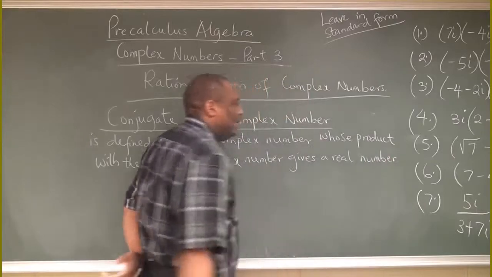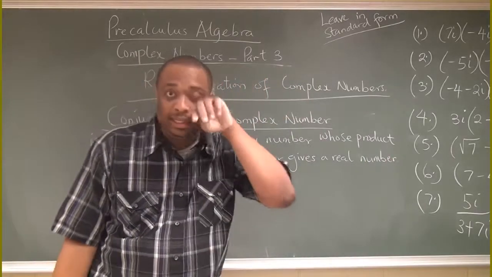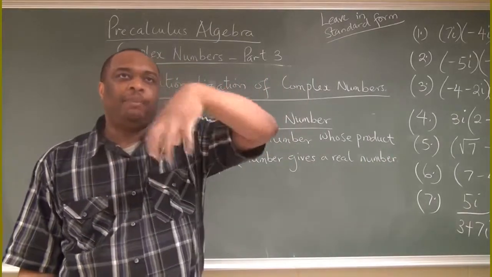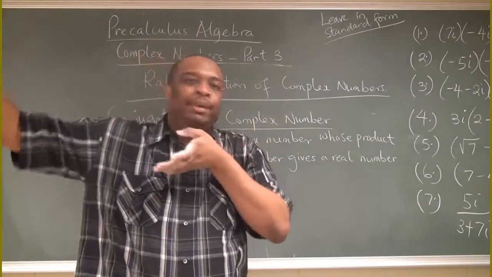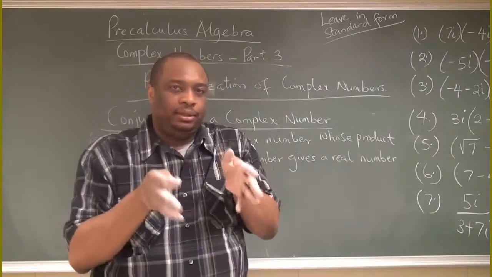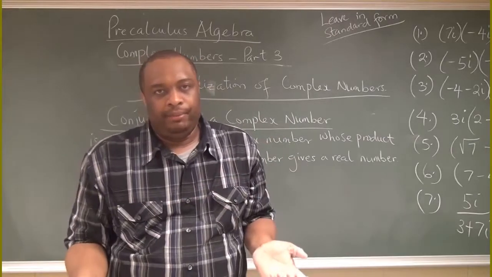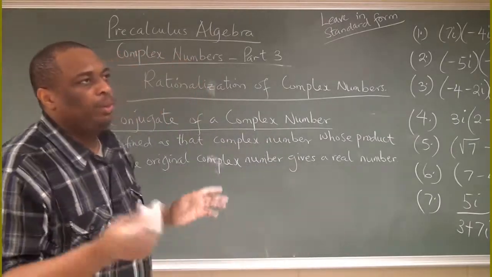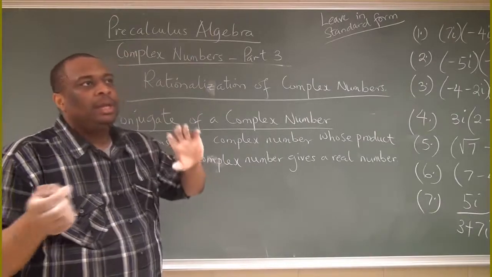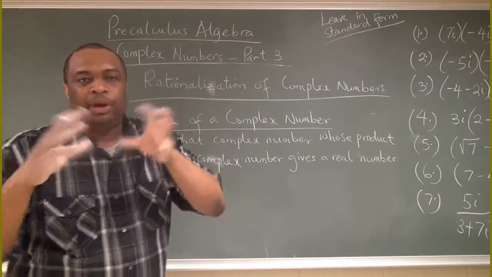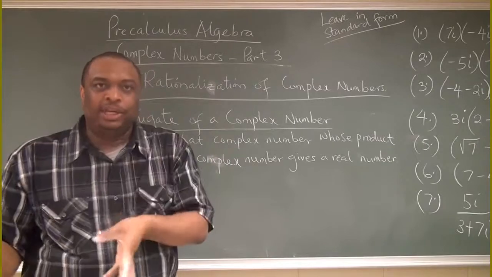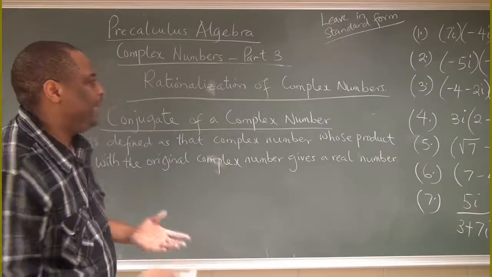So when we talk of conjugates, we mean: what is that complex number by which you will multiply the main complex number to give you a real number? Because we know that the product of a complex number and its conjugate is always going to be a real number.